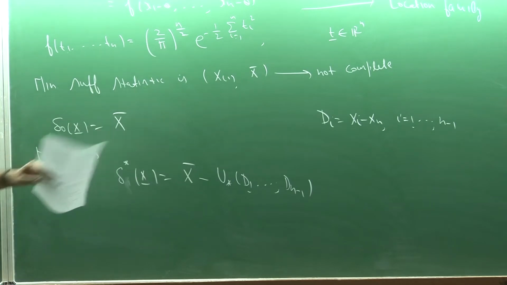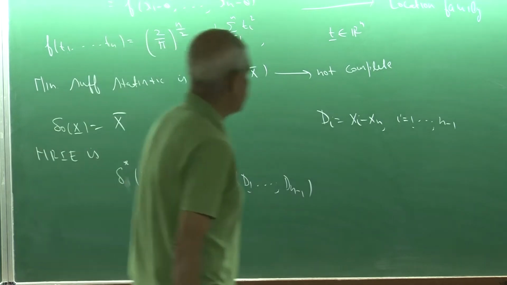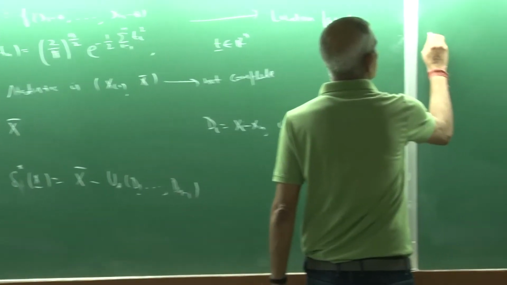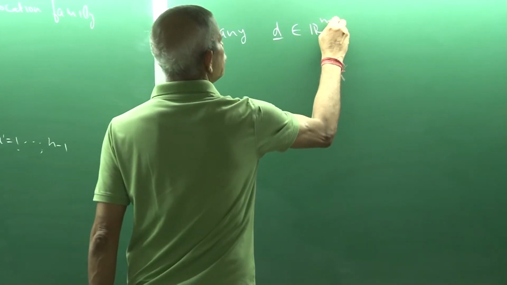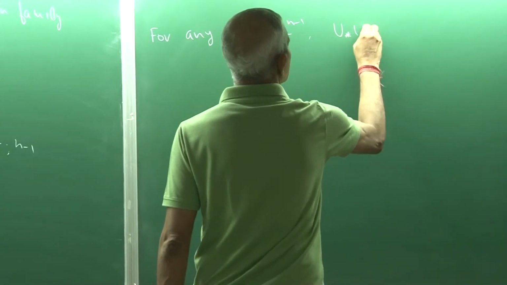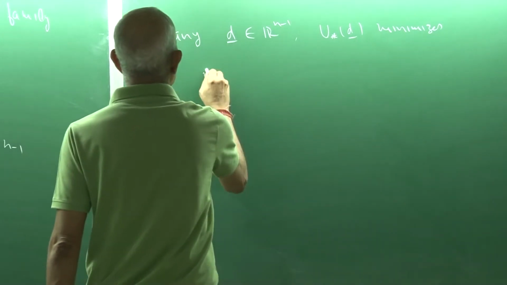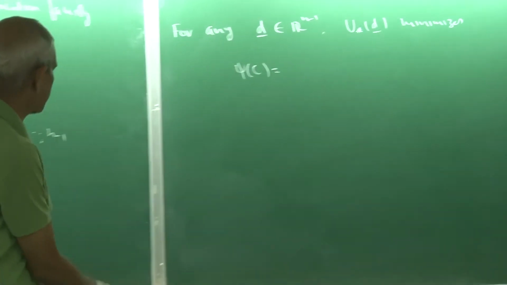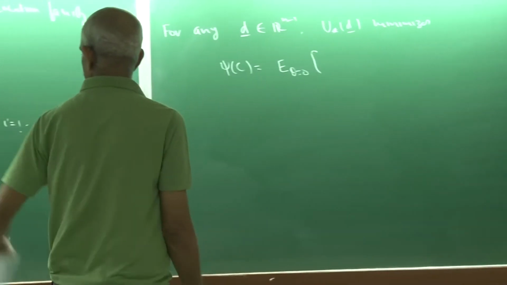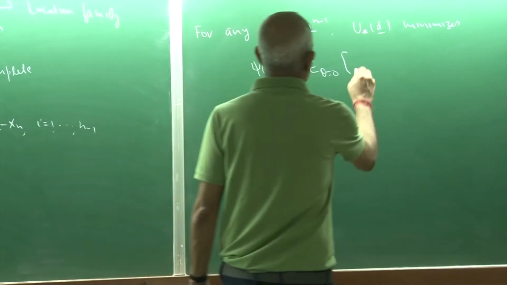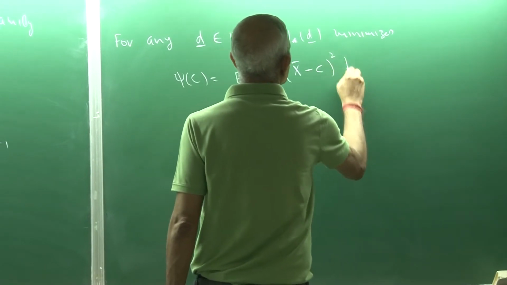Your loss function is square error. So what you know is that for any d belonging to R^(n minus 1), u star of d minimizes psi of c, which is the expected value at theta equal to 0 of w of (X bar minus c) whole square given D equal to d.